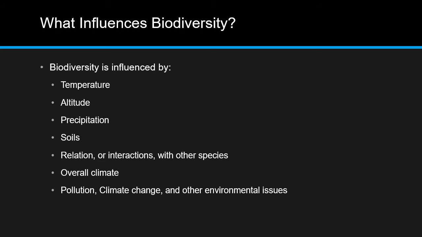Also, soils can influence the plant species and the types of plants that can grow in that soil. Some plant species grow best in nutrient-rich soil. Some plant species are adapted to living in nutrient-poor soil and have shallow roots. And that, as a result, significantly impacts plant biodiversity, but it also impacts consumer biodiversity because there are primary consumers that eat those plants and secondary, tertiary, and quaternary consumers that eat those animals.